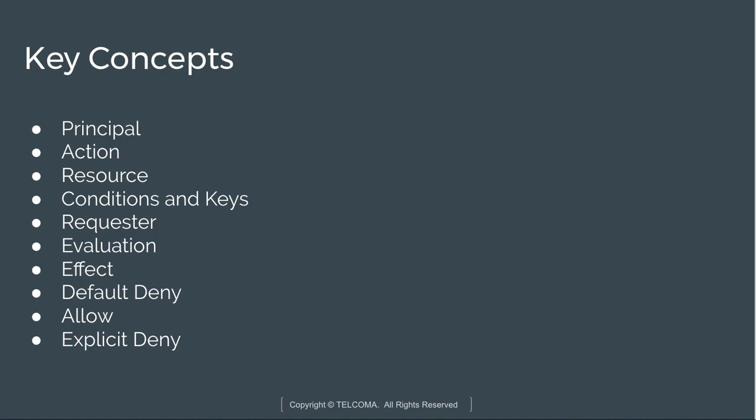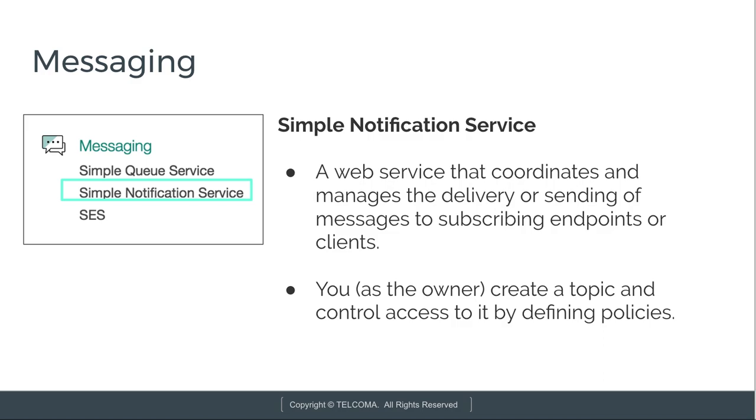Explicit deny results from a statement that has effect equal to deny, assuming the statement's conditions are met. So explicit deny, allow, default deny. Default deny applies in the absence of an allow or explicit deny. So these are the various concepts which we use in Amazon Simple Notification Service.